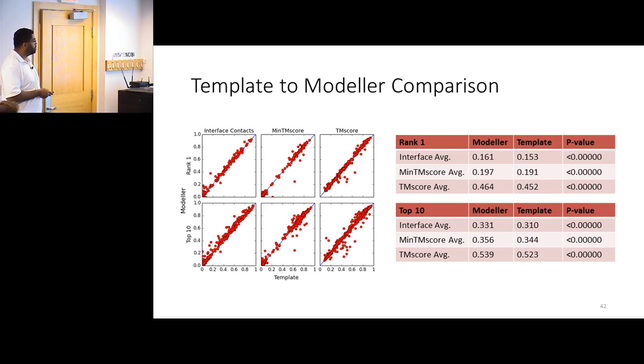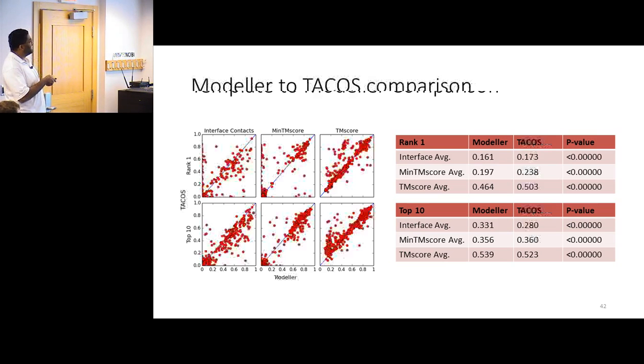And so you can see that there's a slight improvement in the interface contacts and these two structure similarity scores, and it's a little more so when you pick the top 10 out of both of them. And so here are the averages of the rank 1 and the best and top 10, and so Modeler does a little bit better.